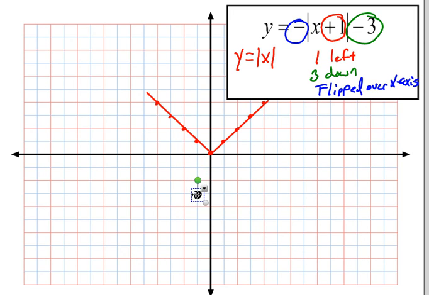So now it is 3 away from the x-axis, so it's going to flip to be 3 above the x-axis. Let's move our 1, 1 point. Again, it's going to go 1 to the left and 1, 2, 3 down. It is now only 2 spaces away from the x-axis, so I'm going to flip it so it's 2 spaces above the x-axis.